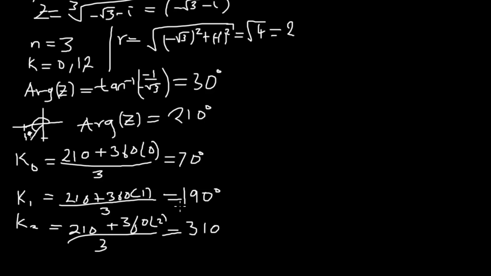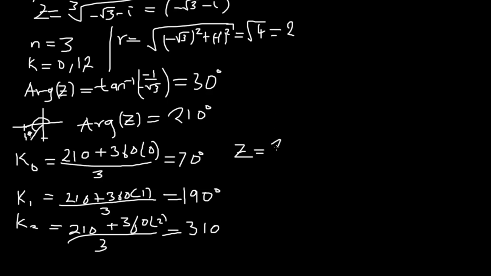So after finding the arguments, you now write your solutions. Since the question is saying find the solutions, if the question was not asking us to find the solutions, we would have drawn the Argand diagram just from here. Now the question is saying we should also find the solutions. So what we do is, when k is equal to 0, you're going to have your z equal to your magnitude, the magnitude we found, 2.